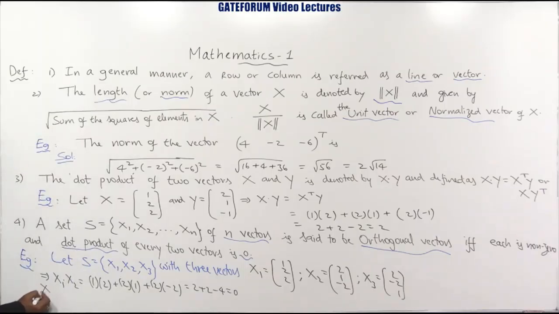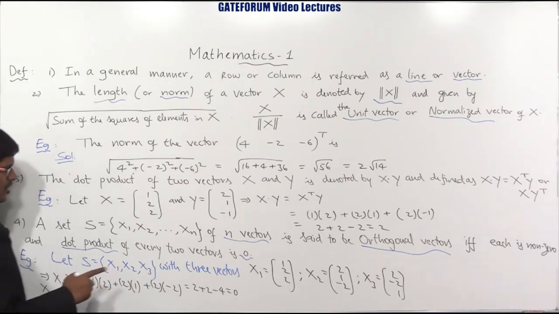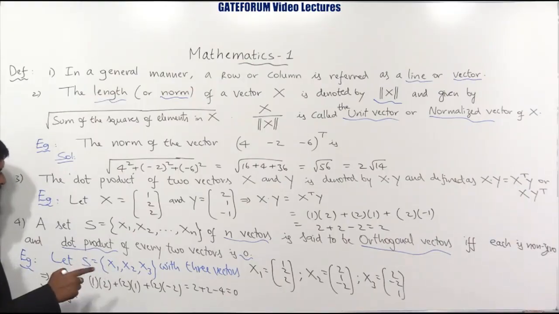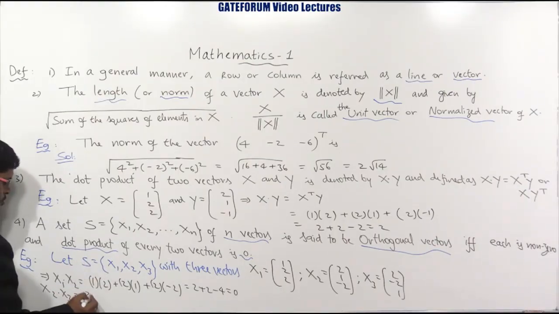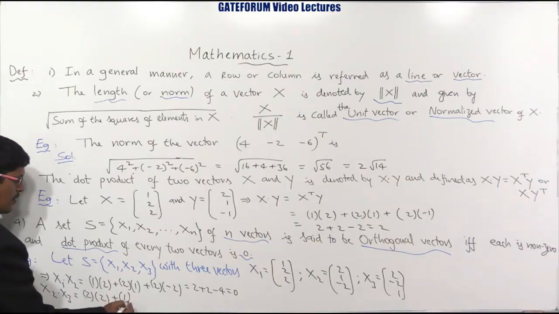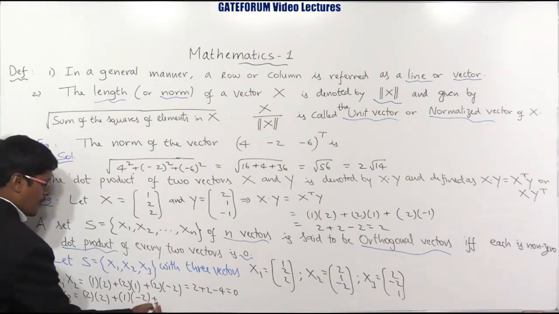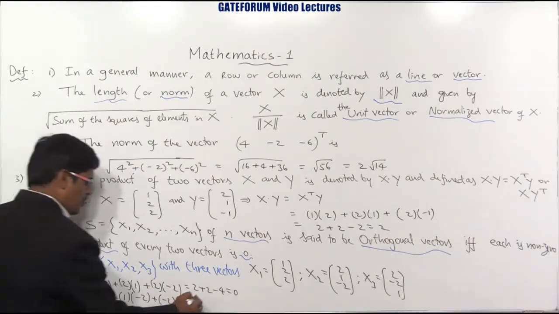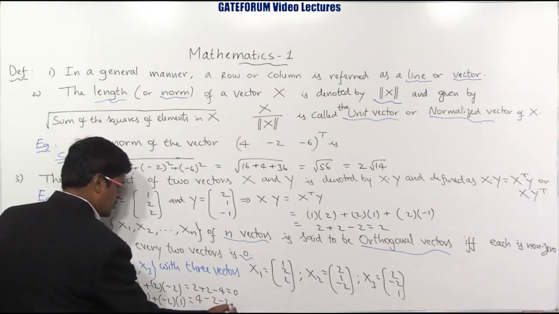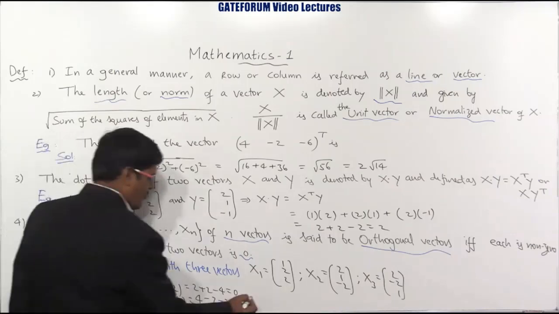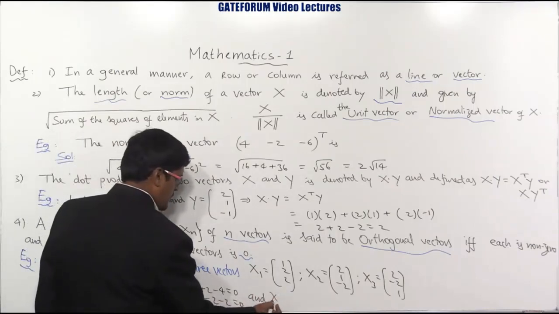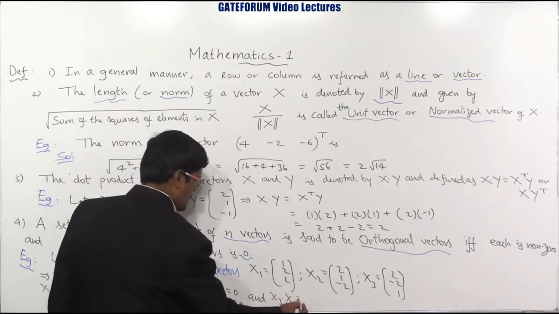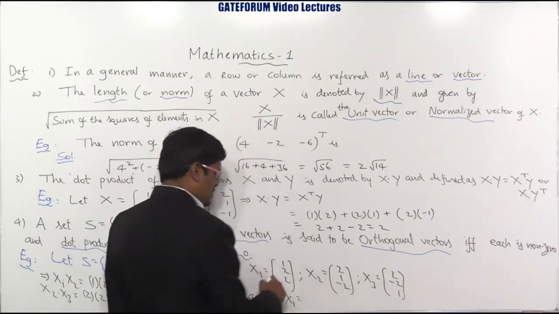Okay. Next, x2 dot x3. In the second and third vectors, first element into first element plus second element into second element, etc. So 2 into 2 plus 1 into minus 2 plus minus 2 into 1, which is nothing but 4 minus 2 minus 2, which simplifies to 0. And finally, x3 dot x1 is equal to third vector into first vector.